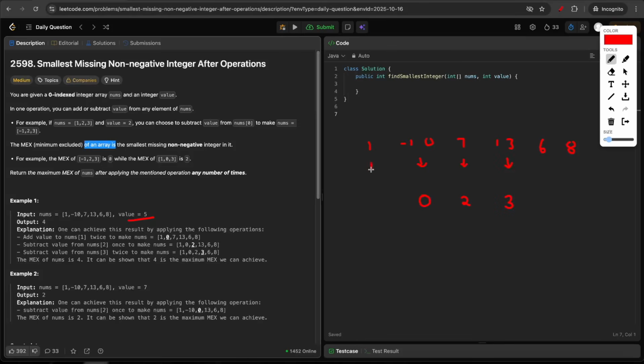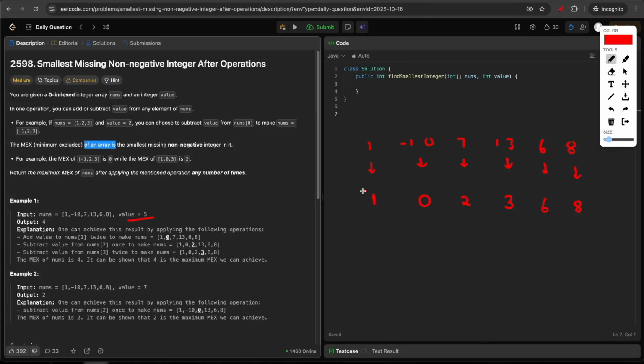And from this number, there's no change. It remains 1. And this also no change, and this also no change. Because even if we try to decrease this by 5, we will again reach 1. So 1 is already present, so no need to decrease this. And same with 8. Even if you decrease 8 by 5, it will become 3 only, and it's already present, so you don't do it.